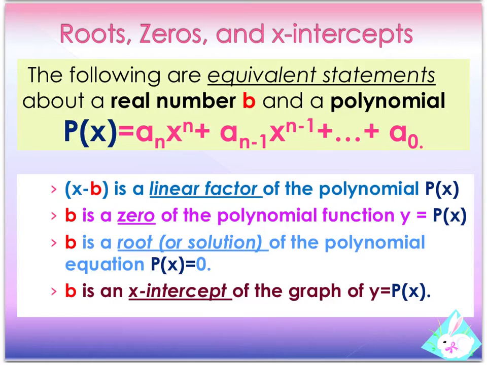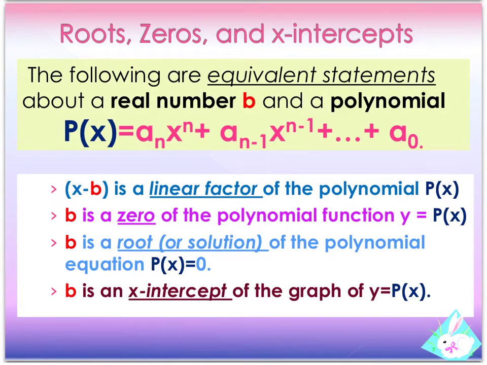Now, these are also equivalent statements. So x minus b is going to be a linear factor of the polynomial p of x, where b here is your solution or your root, okay? So b is the 0 of the polynomial function y equals p of x, okay? Whenever we're looking at the graph, we call it the 0. b is the root of the polynomial equation.